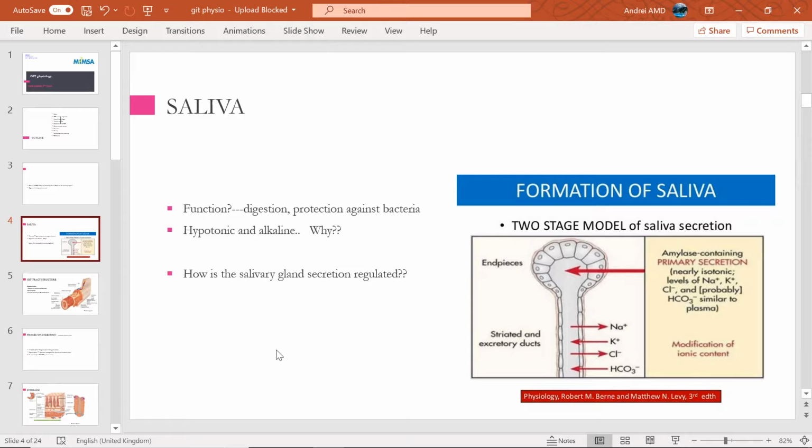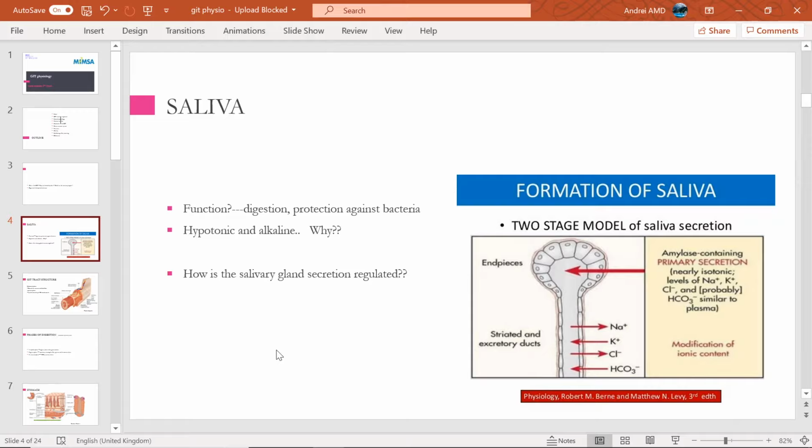Whereas the major ones are responsible for creating saliva when it's needed. So when you're eating, you have to secrete a lot. When you're thinking about food, that's when the major salivary glands are working.